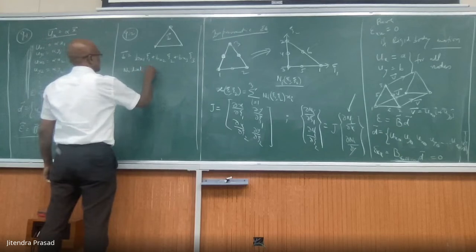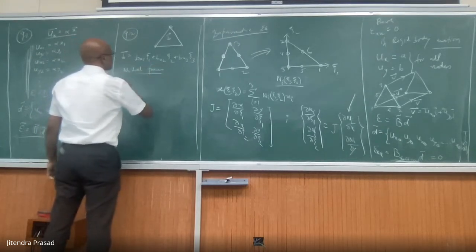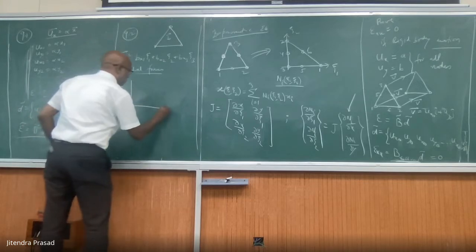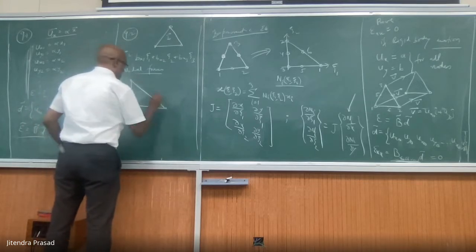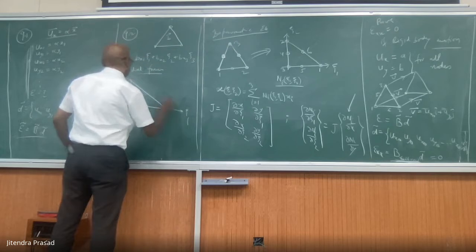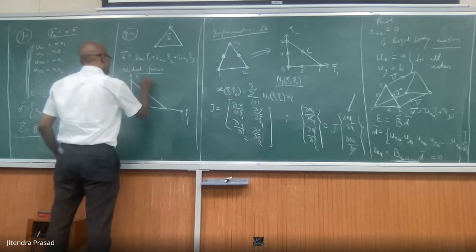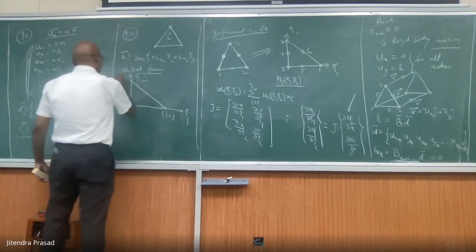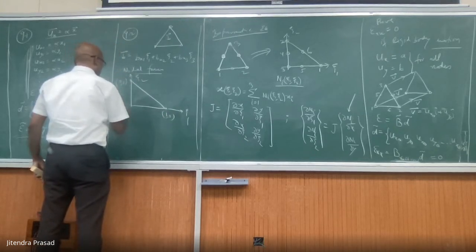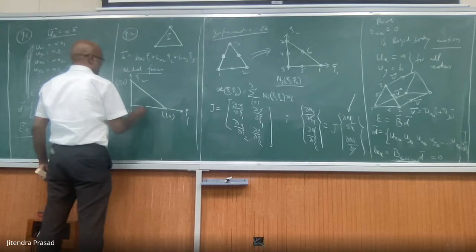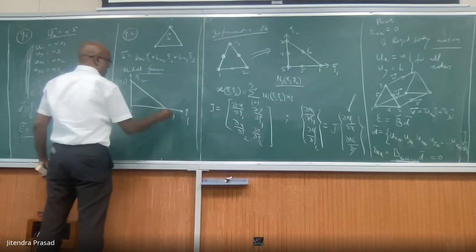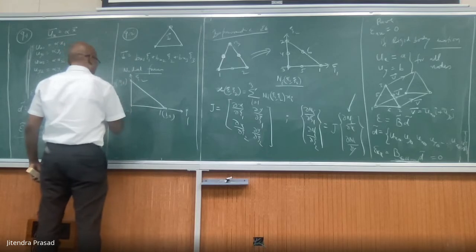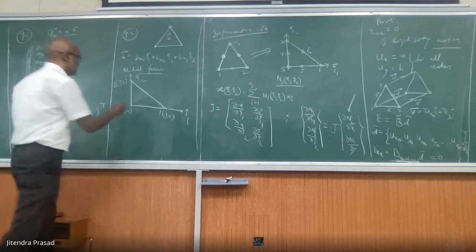Nodal forces. And of course, in this case, you are assuming that here is I1, here is I2, with values 1, 0, 0, 1, 0, 0. Here you have 0.1, 0.2, 0.3.